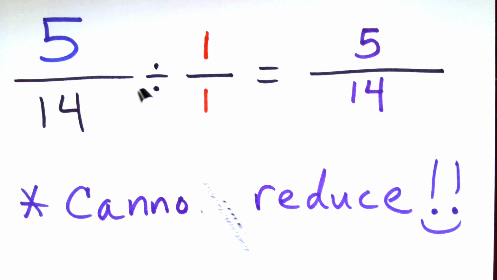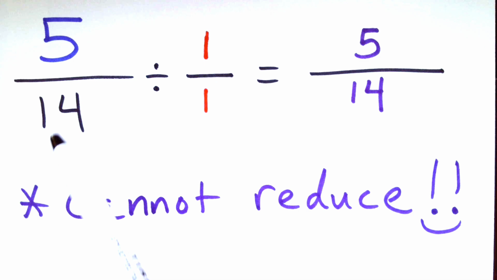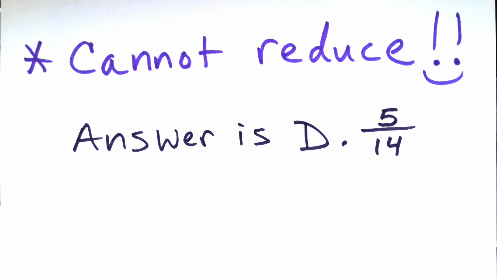The only number that can be divided into top and bottom is 1. 5 divided by 1 is 5. 14 divided by 1 is 14, right? So it's the same fraction you ended up with when you divide by 1. So no, it cannot be reduced. The answer is D, 5/14.